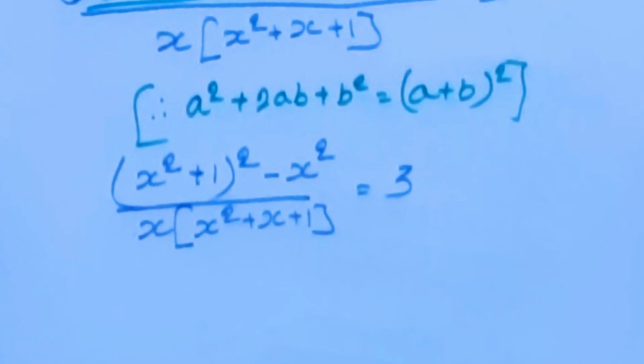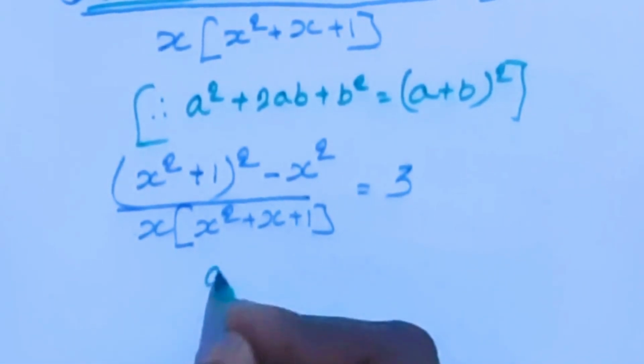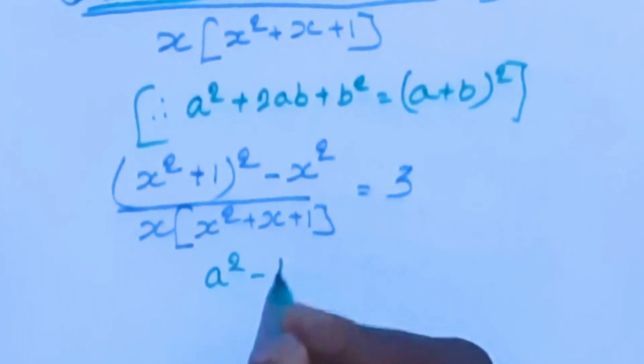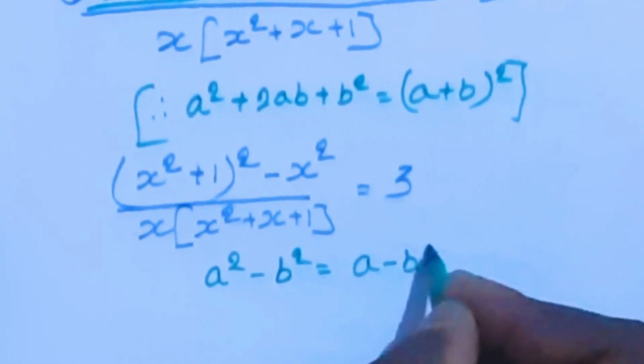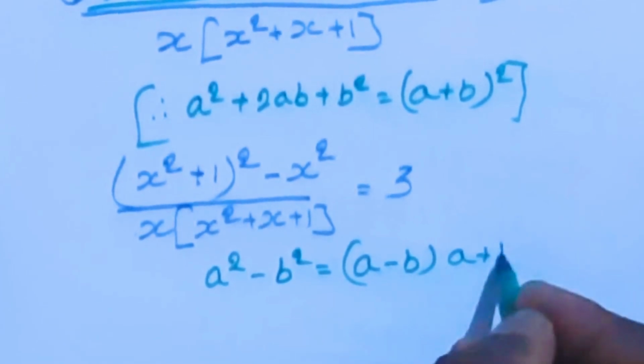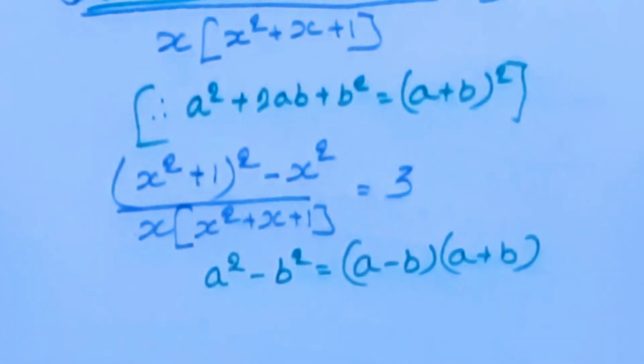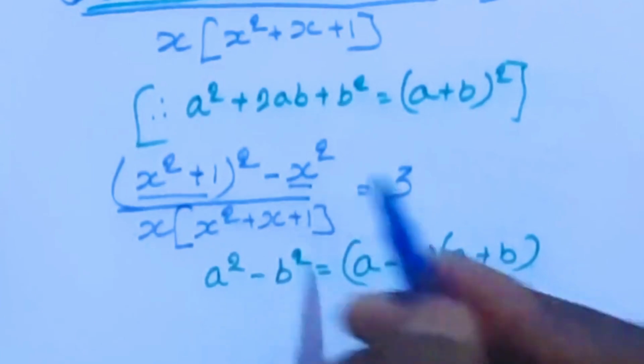Now we are going to apply another algebra formula, that a^2 - b^2 = (a - b)(a + b). Here a, this is b.